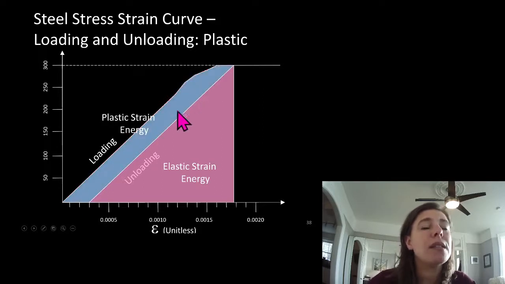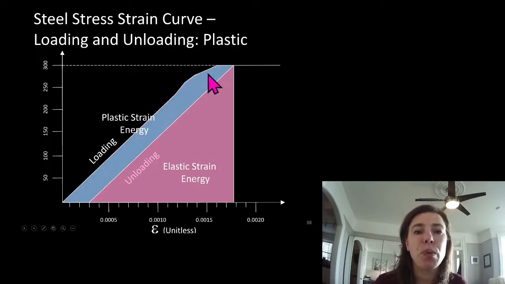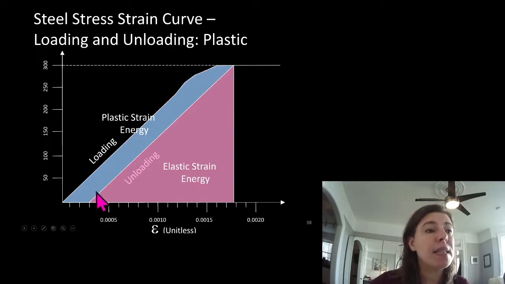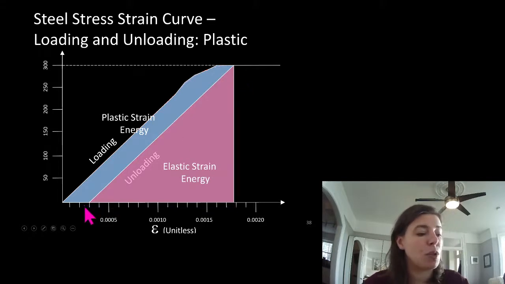And this was the plastic strain energy, the energy that was permanently absorbed and converted into some other form of energy while it was loaded. So this is the total area under the curve. This was the energy that was absorbed or converted. This was the potential energy that, when we let go, was able to revert our object back to its original shape.